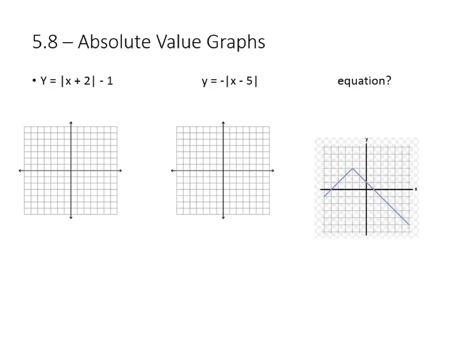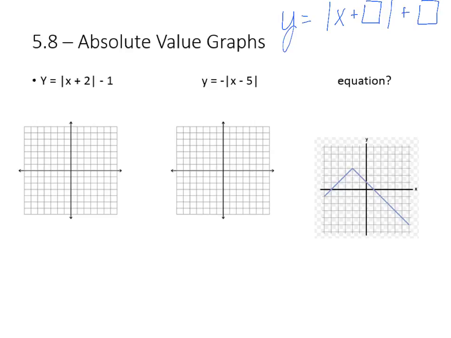Okay, the last lesson out of this chapter was 5.8, and it was on absolute value graphs. Absolute values are always going to graph as a V shape. And when you take the absolute value of x plus, and then we would put something in here, and then we would add something out here.